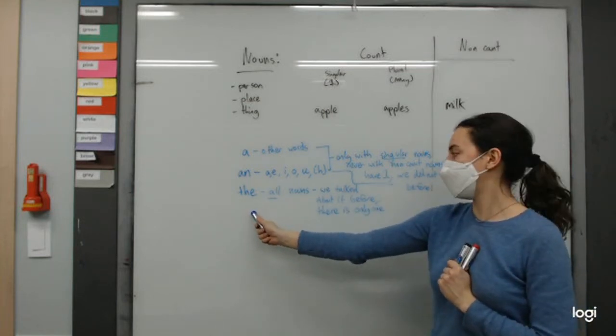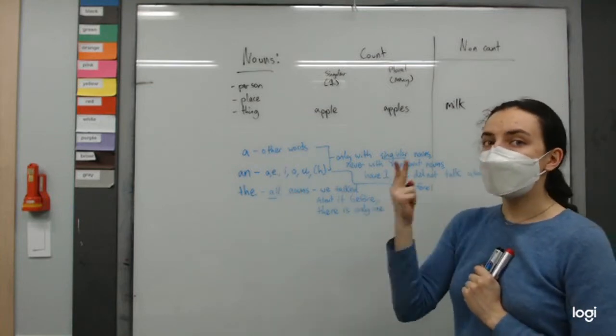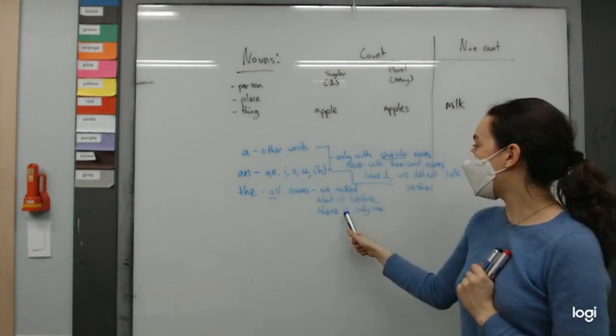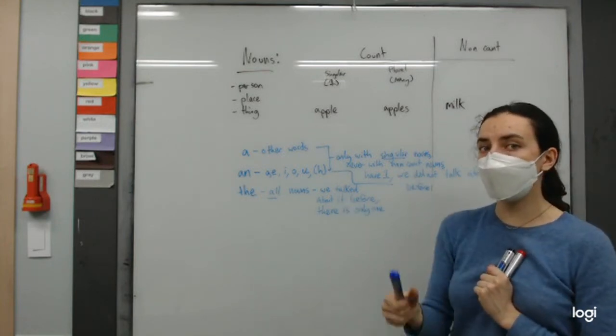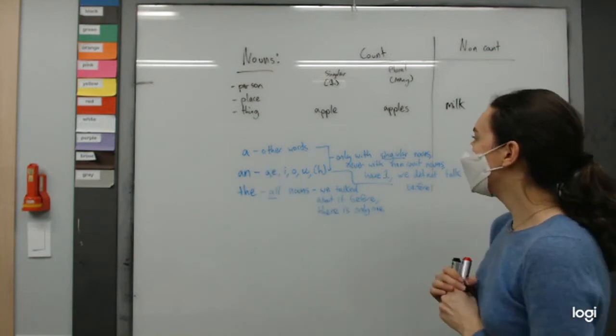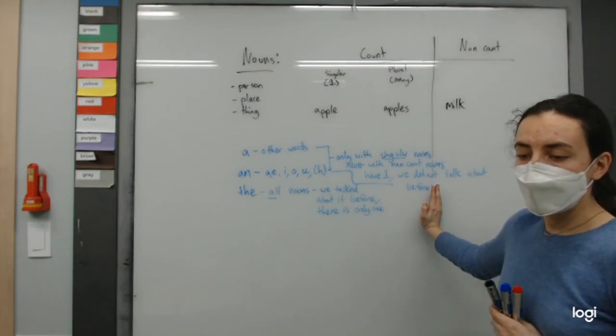Because only one moon. And if I talked about the marker first time, a marker, second time talked about the marker. We talked about before. So second time talked about, the. First time, a, okay? So if you want to take these notes, please write them down now.